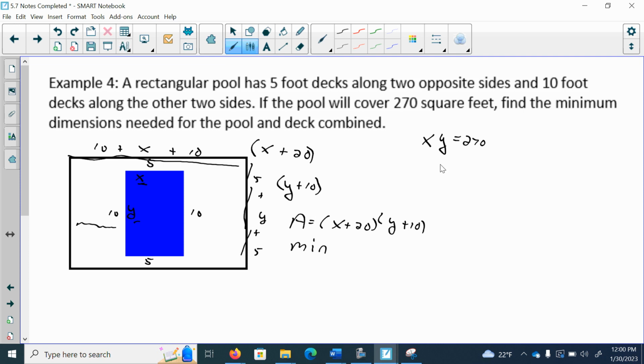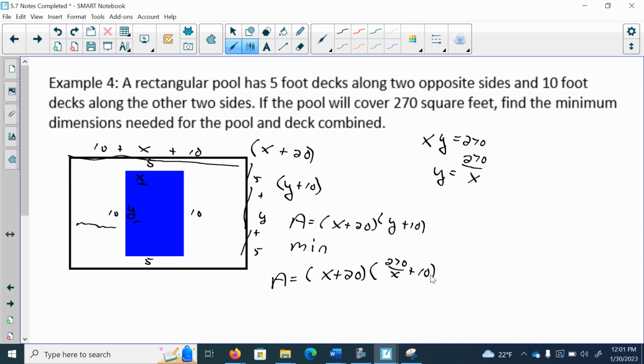So I'm going to go back up here and solve for one variable. Let's say Y is equal to 270 over X. Substituting that in for Y, my area formula is equal to X plus 20 times, in place of that Y, 270 divided by X plus 10.